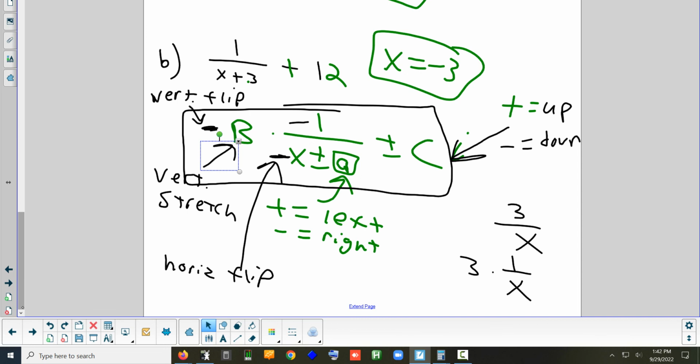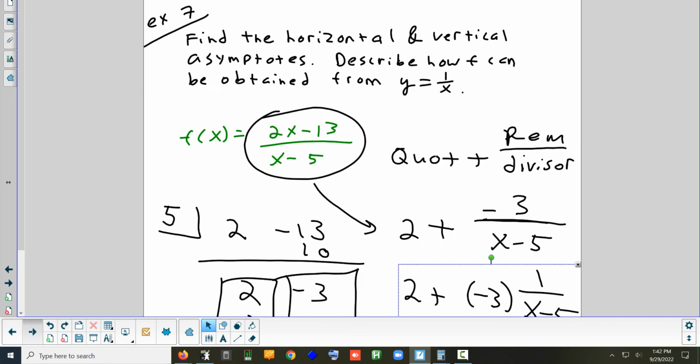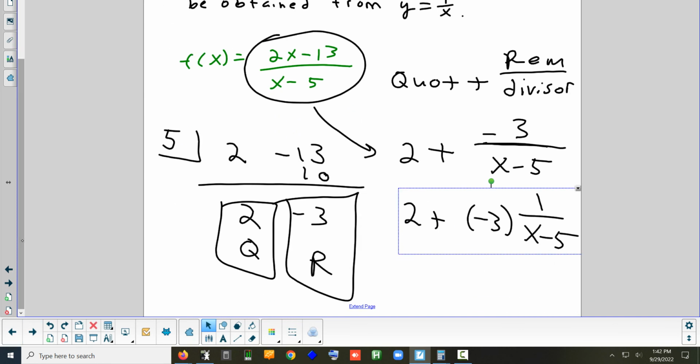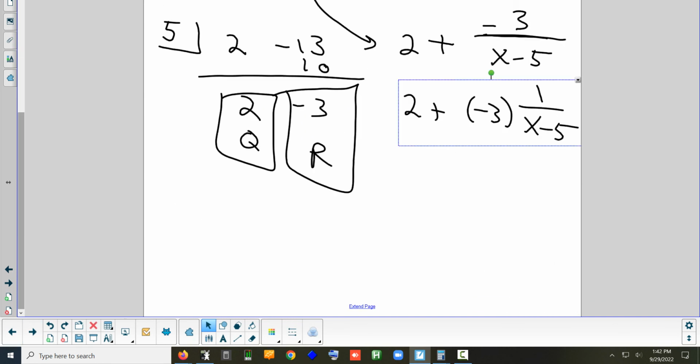What we normally do is put that on the end. So let's put the plus 2 on the end. And then this should look exactly the way it's supposed to. The answer is negative 3 times 1 over x minus 5, plus 2.